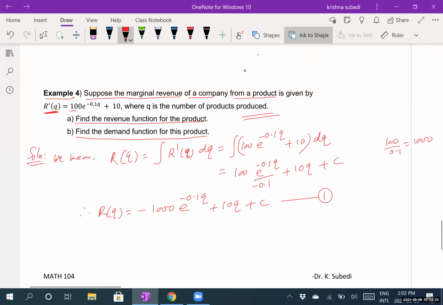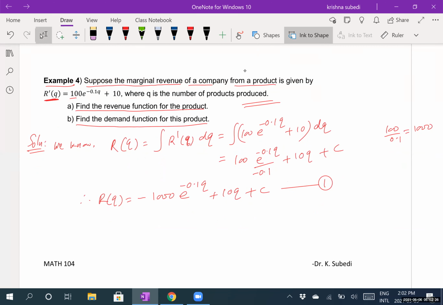Okay, now that's the tricky part here. Remember, even though the condition is not given, sometimes we can use our common sense and figure out what is the condition.